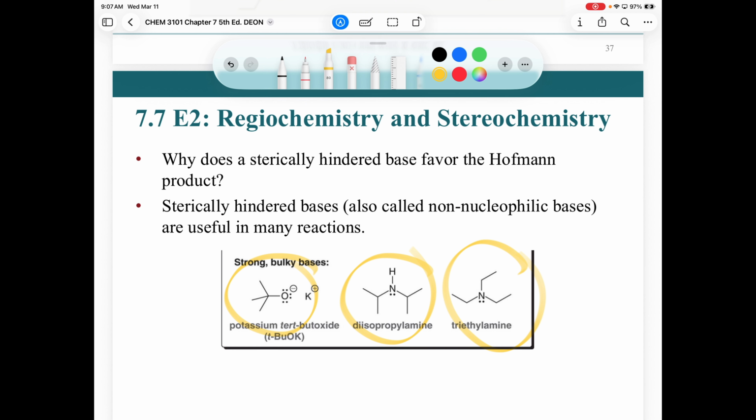Thus, some other sterically hindered bases that we like besides tert-butoxide, you can see that we've got a couple of amines here. One is called triethylamine. We have an acronym for that, TEA. Triethylamine, you guys can just call it triethylamine. You can just write the structure. It's an amine with 3 ethyl groups on it. Then you see here we have diisopropylamine.